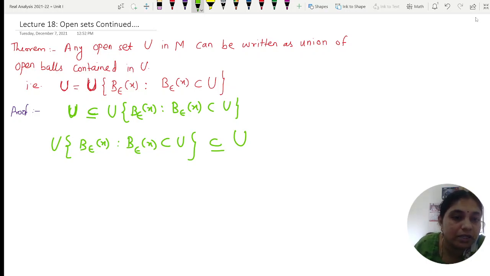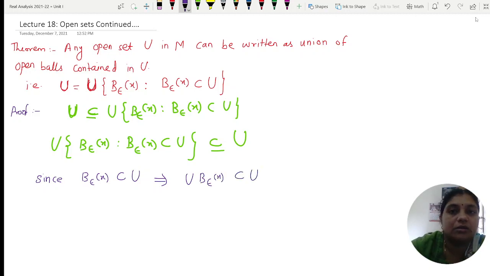So which is trivial? Since B epsilon of X is contained in U, it will imply their union is also contained in U.